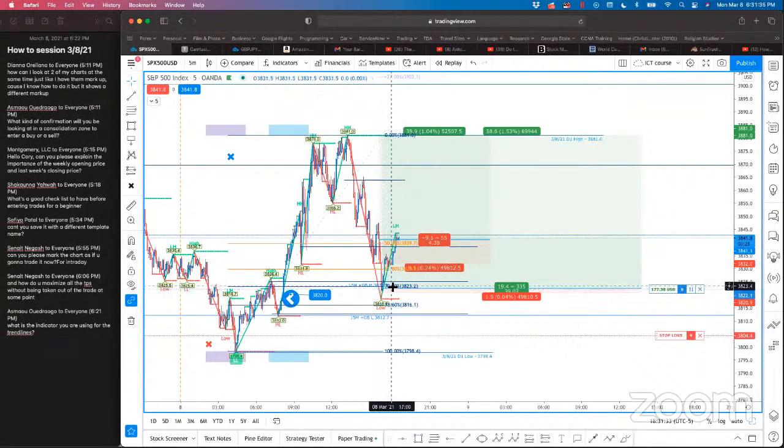So I put the main order in first down here, but I saw this candle reject. So this candle was the rejection candle. Once I see that it's rejecting, I'm going to put the main order in at the lowest point, and then I partial in along the way after I saw it's going up.